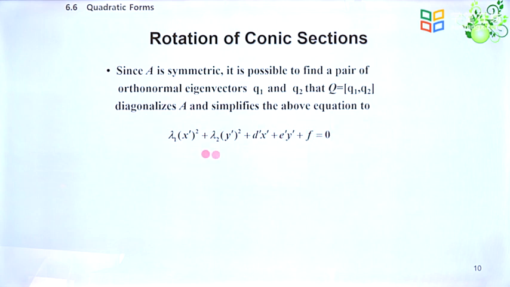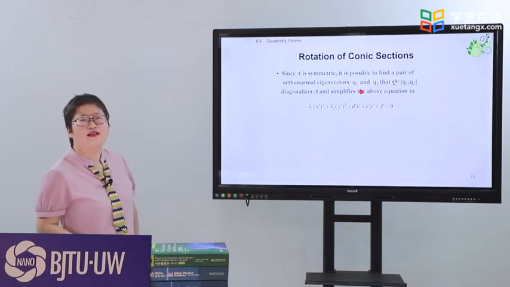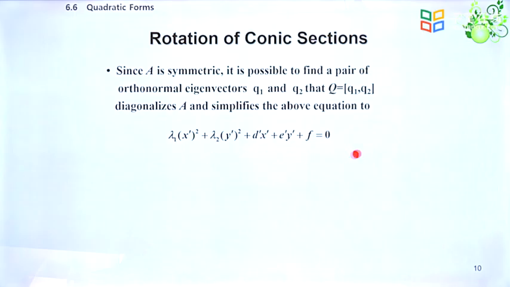This equation is much simpler than the original one because in the quadratic terms you only have x prime power 2 and y prime power 2. Now you don't have the x prime y prime quadratic term. And given this type of quadratic equation, it's easy to transform it to a conic section in standard form.